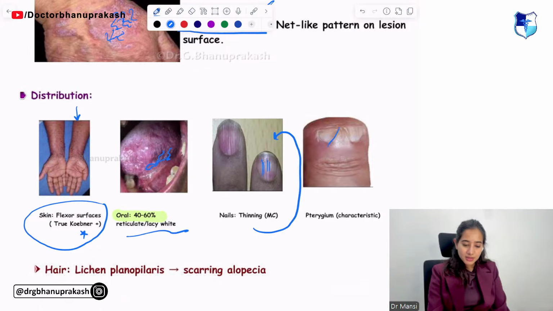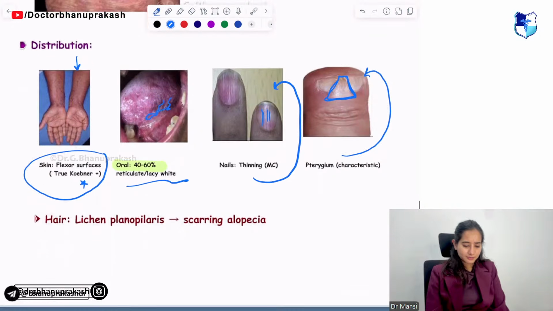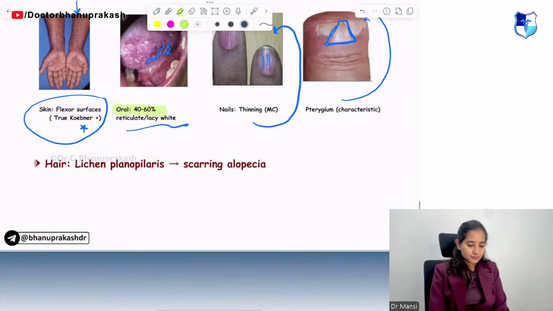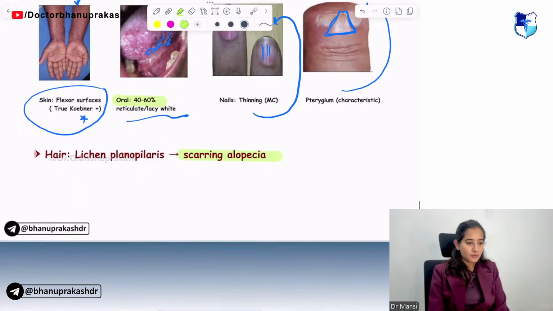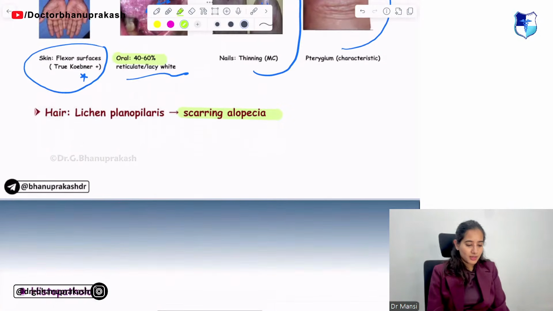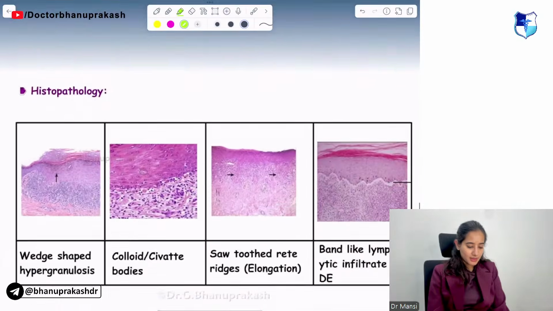Then we have this triangular band-like structure, which is pterygium. Some of you already told about this, the pterygium. Fine. Then scarring alopecia, which we discussed initially in the classification. In this, the condition is lichen planopilaris.